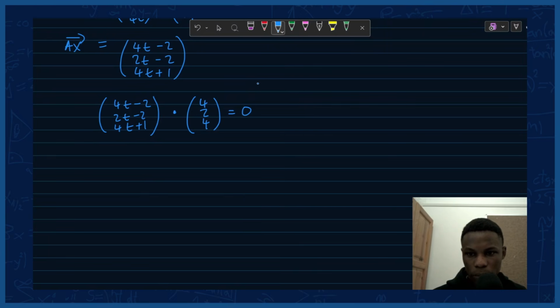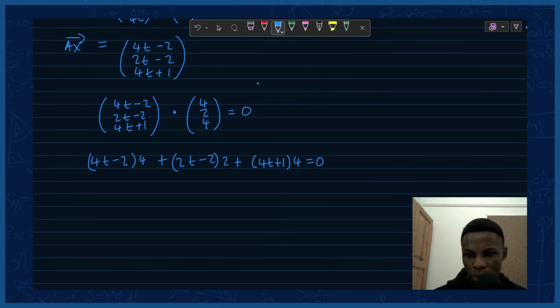Okay. So dot product, multiply the x coordinates. So 4t minus 2 times 4, plus multiply the y coordinates, 2t minus 2 times 2, plus multiply the z coordinates, 4t plus 1 times 4, and this is equal to 0.